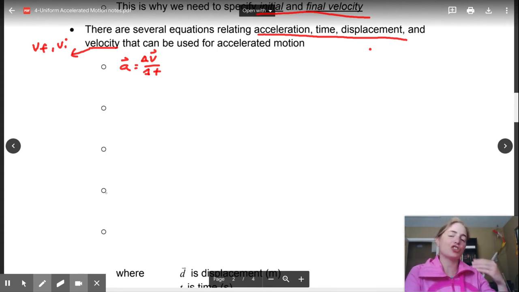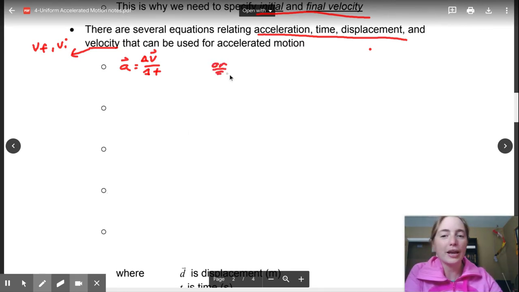It means change in velocity. Now, anytime you have a delta, what can you do with that? Same thing we did with delta D earlier. Expand it. Good. So the other way that you can write this is your acceleration as VF minus VI over your change in time.